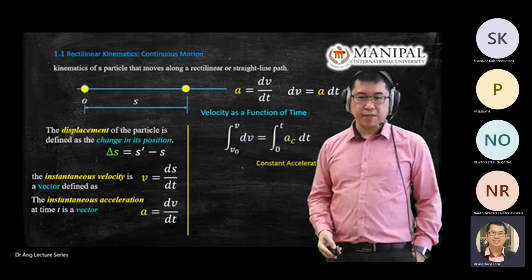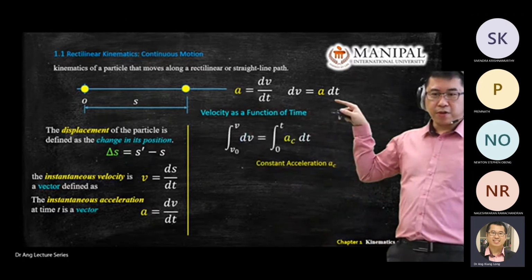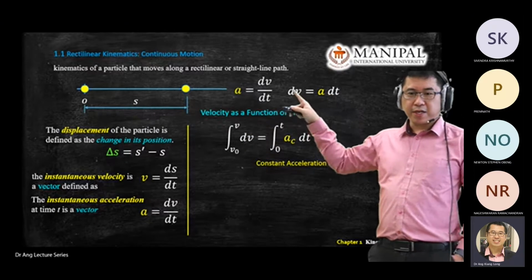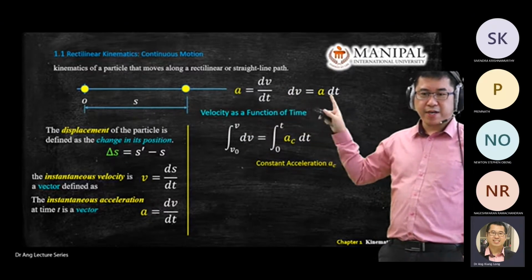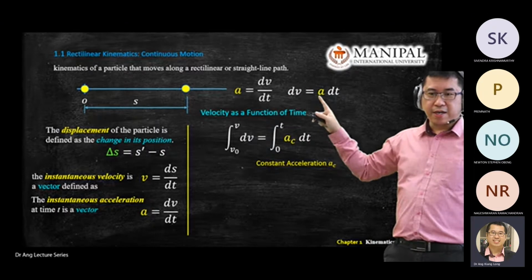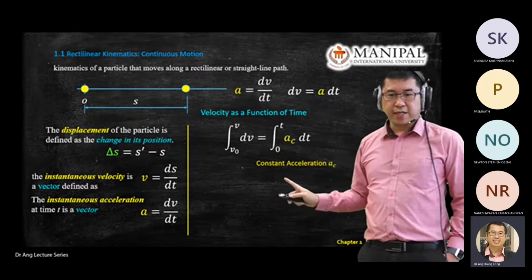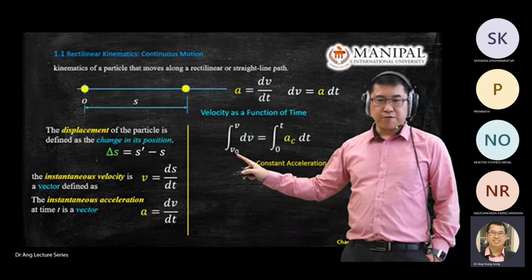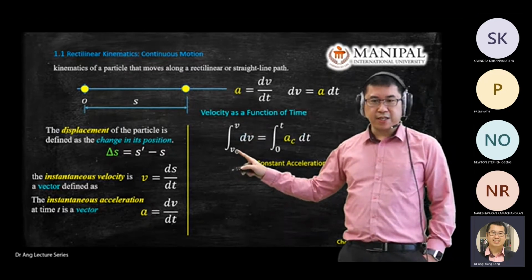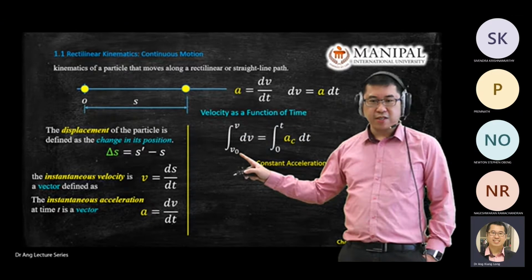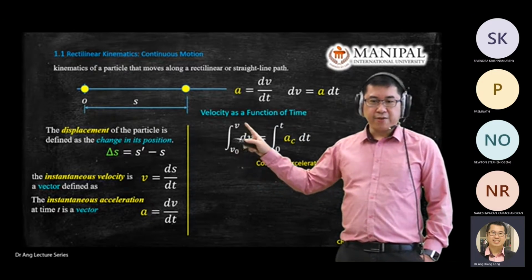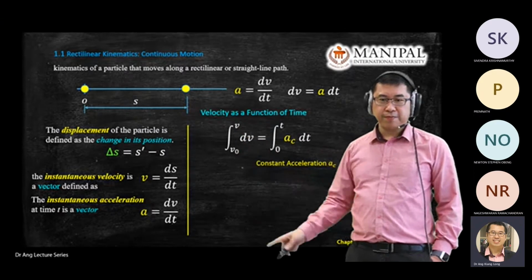When you see this equation, you put an integration sign in front of both sides, and you integrate from the initial velocity, we write v0, to the end velocity, we use v.